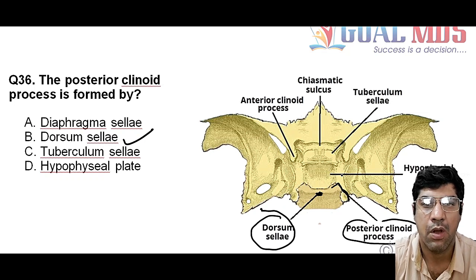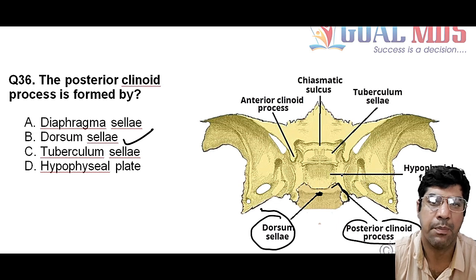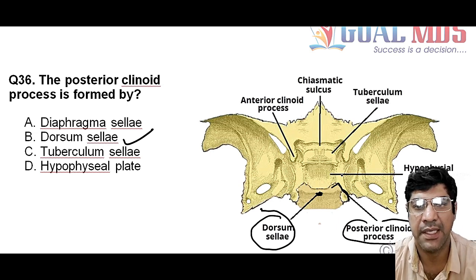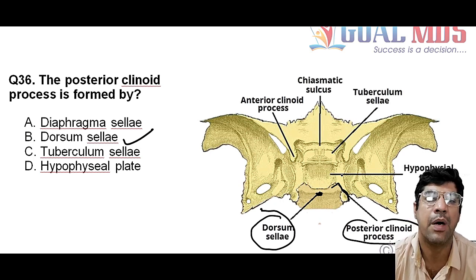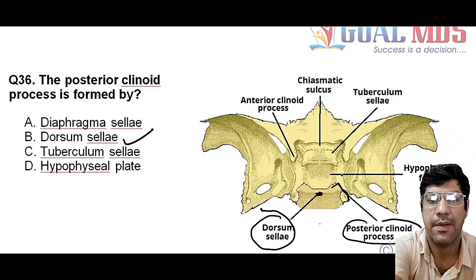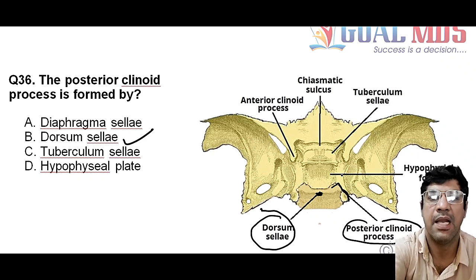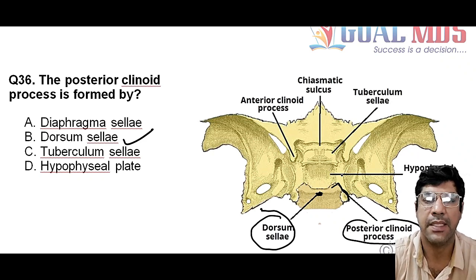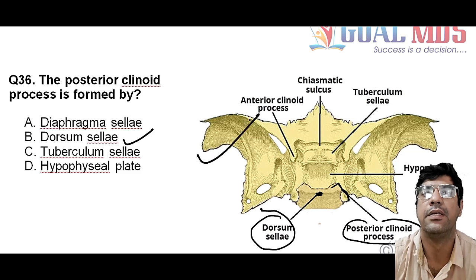So when you picture the posterior clinoid and dorsum sellae, it's like having two small peaks and a connecting ridge at the back of your head, just like a mini mountain range. These structures are part of the sphenoid bone in your skull, and they help to support your brain just like a natural helmet.